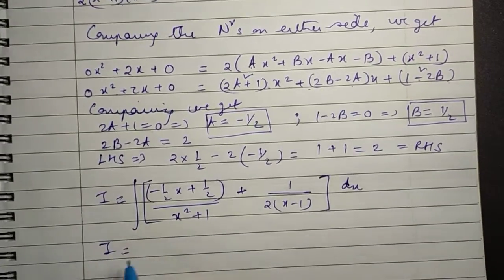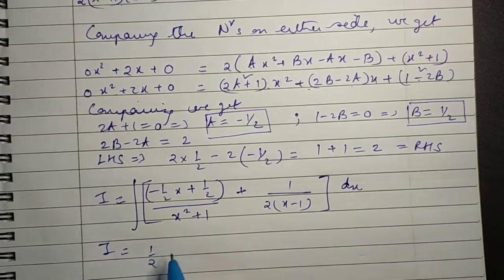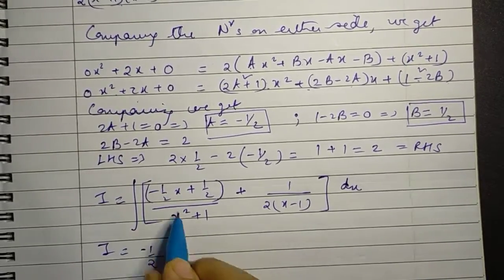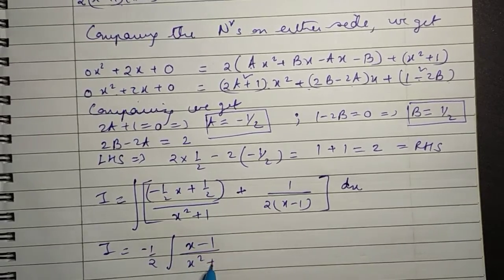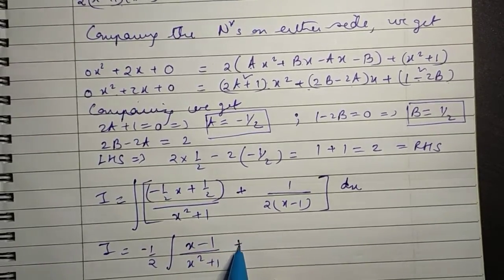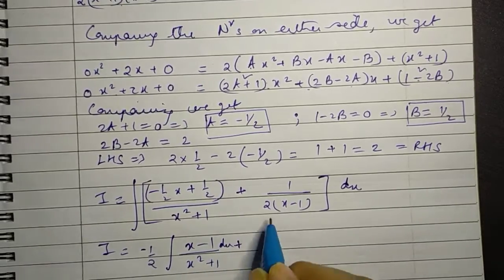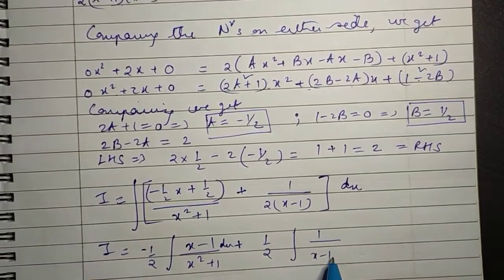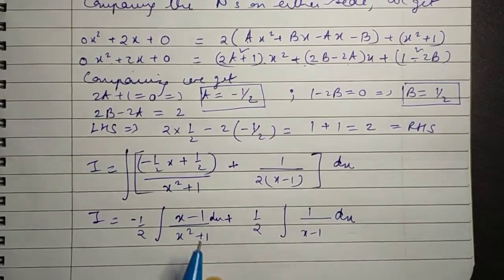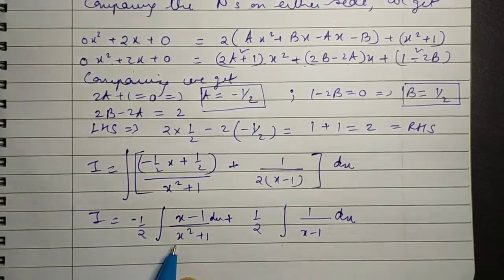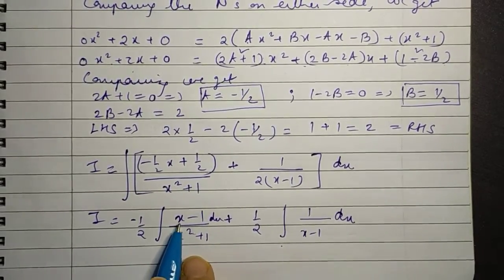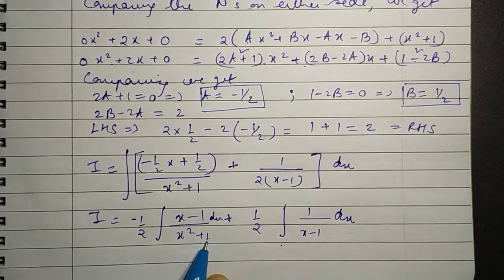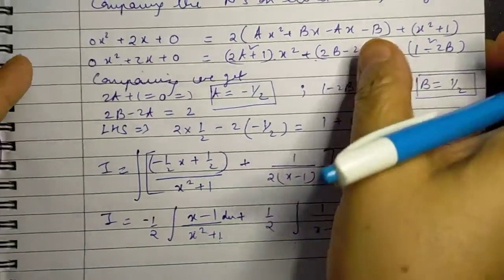We can write this I as, we can take minus half common and we are left with (x minus 1) upon (x squared plus 1) into dx, plus, and here also I can take half common and get the integral of 1 upon (x minus 1) into dx. Now these can be individually solved and we can write it as x upon x squared plus 1 is one integral, minus 1 upon x squared plus 1 is another one, and this one, and we know the result for each of these.